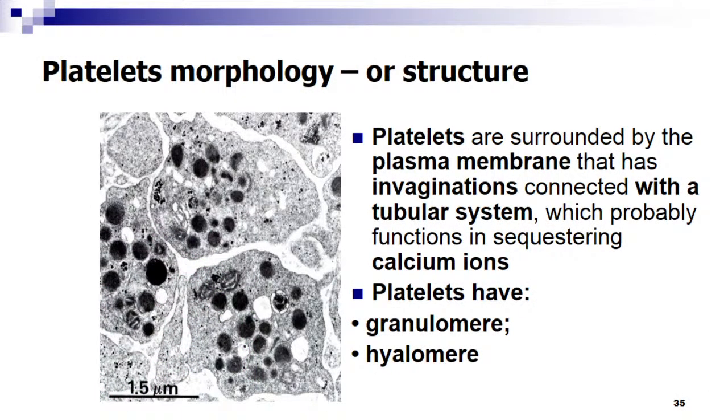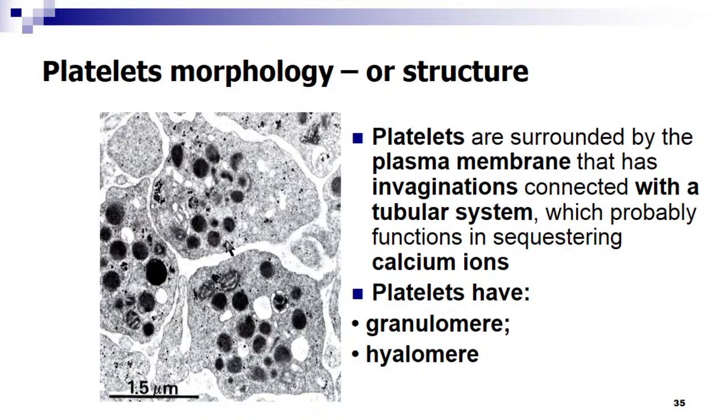Platelet morphology, or structure of platelets. Platelets are surrounded by the plasma membrane and have invaginations connected with a tubular system inside, which probably functions in sequestering calcium ions. Platelets are divided into two portions.